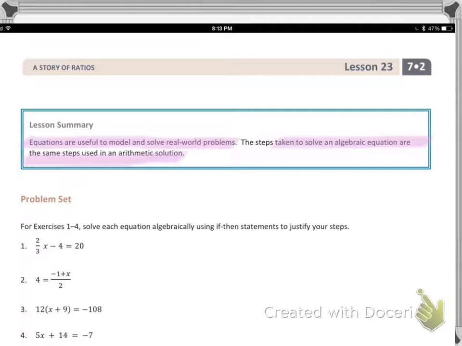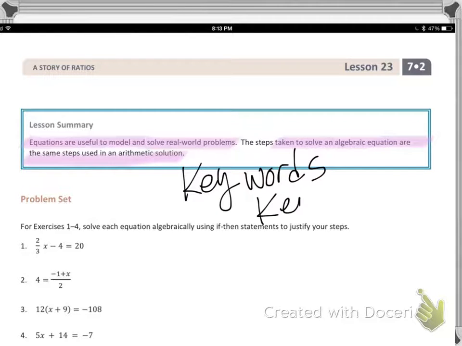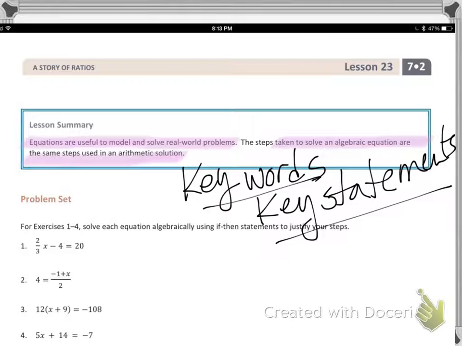Now, the key to solving word problems and coming to understand how to go from a word problem to solving it algebraically is to look for key words, key statements. These are going to give you hints as to what to do.